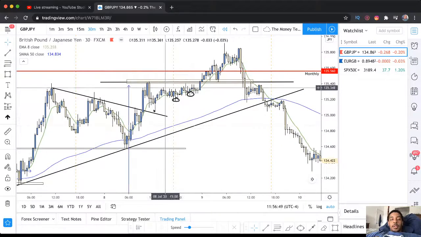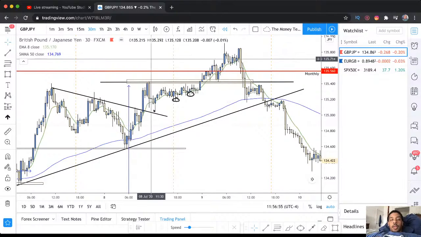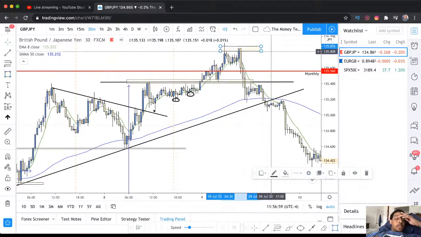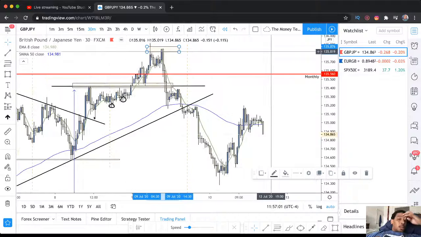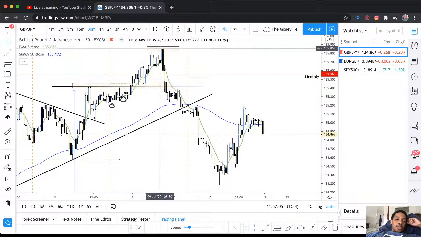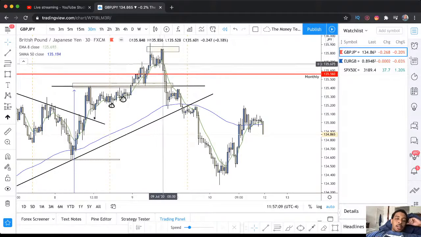So we had this resistance area form here. Price broke above, retest. Bam. Put this in and then continue down, right? And then this is the high right here, as you can see. Price respected, tapped it once, tested it again. This is a test situation, and this is a very clear sign.